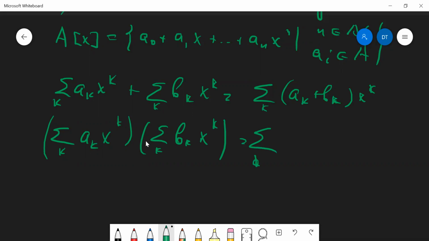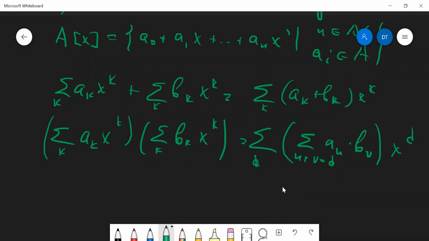So here the coefficient of x to the d is the sum of a_u times b_v, where u plus v equals d. The summation goes through the indices appearing here, finite ranges.